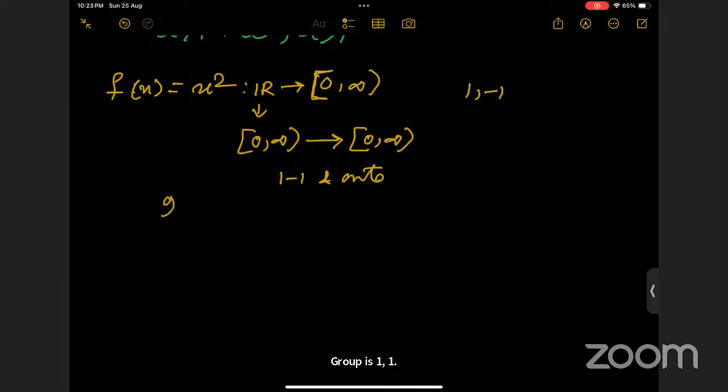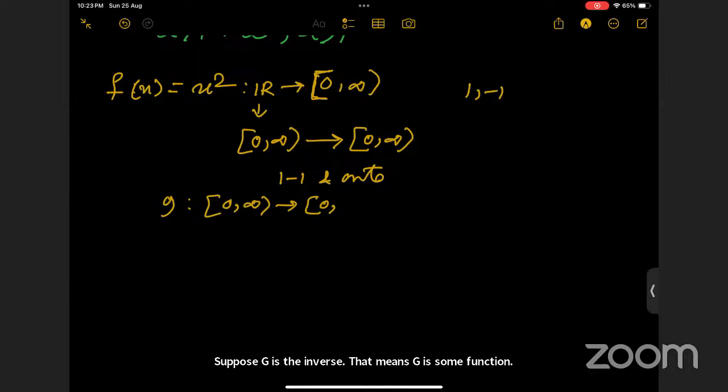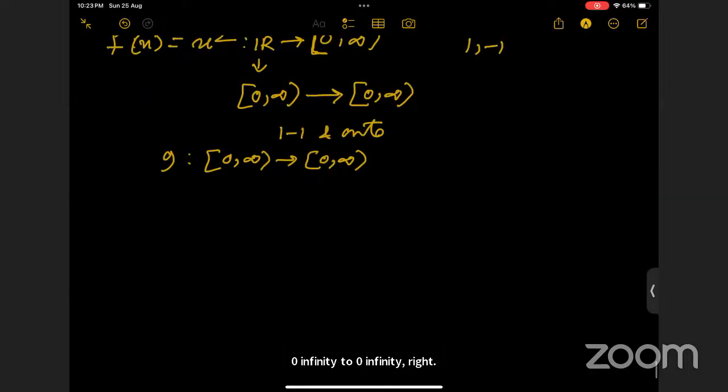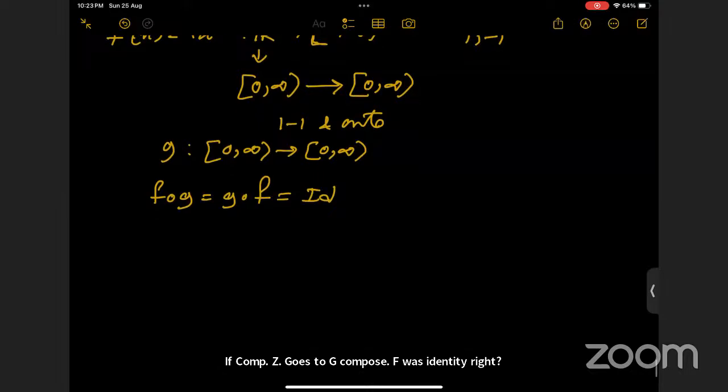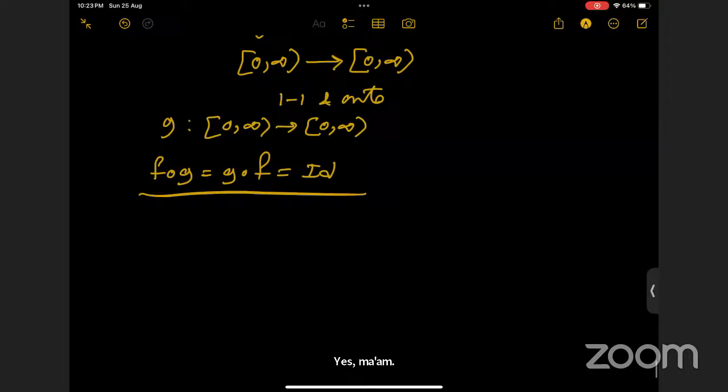Suppose g is the inverse. That means g is some function from 0 to infinity to 0 to infinity, right? And if it is the inverse, then f compose g equals g compose f equals identity, right? Yes, ma'am. This was the condition for being an inverse.